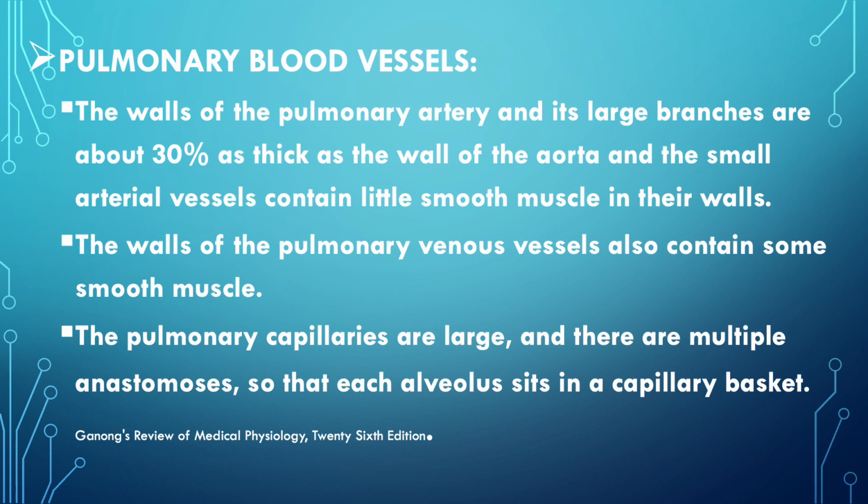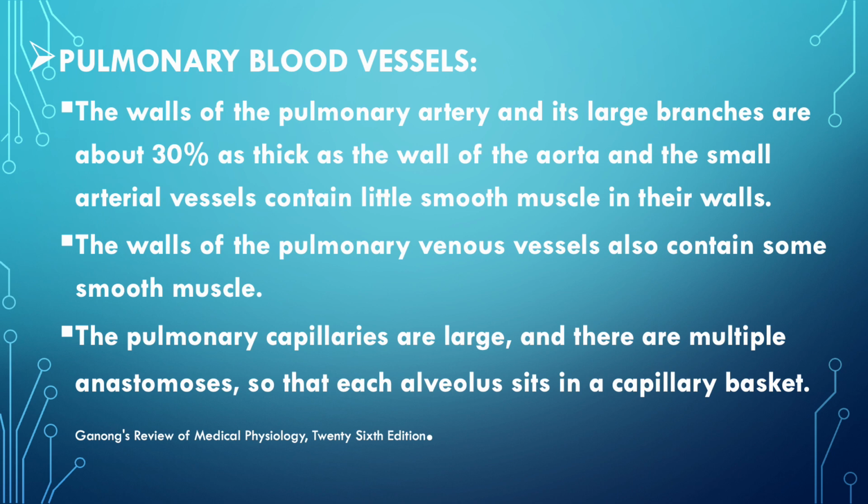The wall of the pulmonary artery and its large branches are about 30% as thick as the wall of the aorta, and the small arterial vessels contain little smooth muscle in their walls, not much amount. And the walls of the pulmonary venous vessels also contain some smooth muscles.